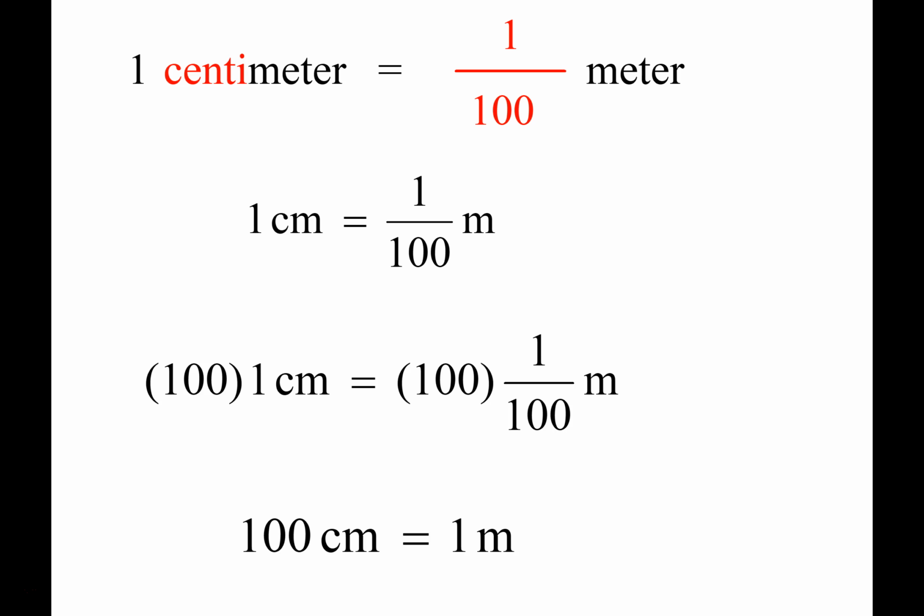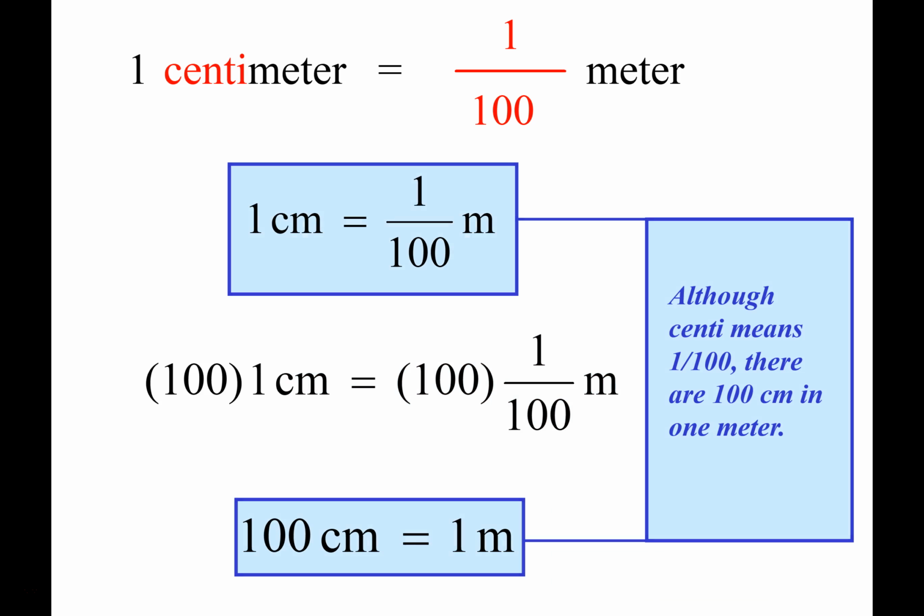Okay. So honestly, both things in the blue box are great, perfect relationships between a centimeter and a meter. I mention this because you're going to see me, when I work problems, a lot of times go for this one right here just because I don't have fractions. Be careful though.